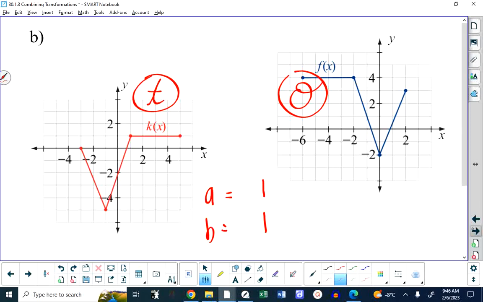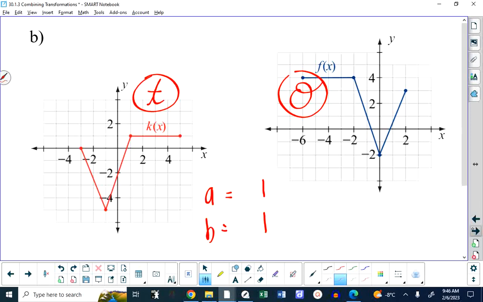If there was any kind of horizontal stretch, then those two distances would be different. But the bottom line is the whole width of this, I believe, is 8. Am I right in my counting? And the width of the new function is 8. There's been no horizontal stretch.